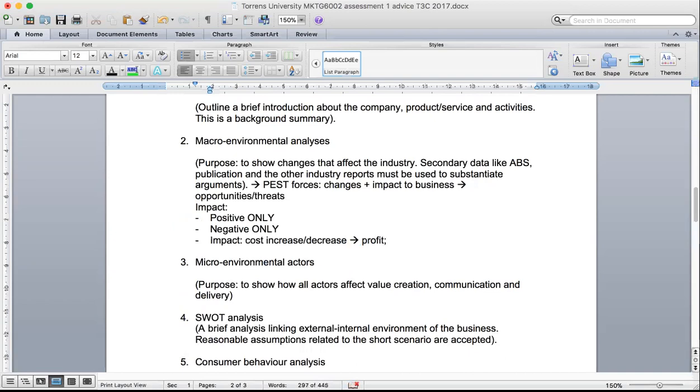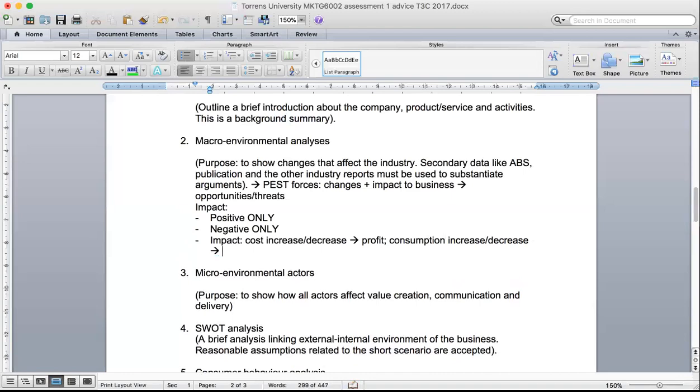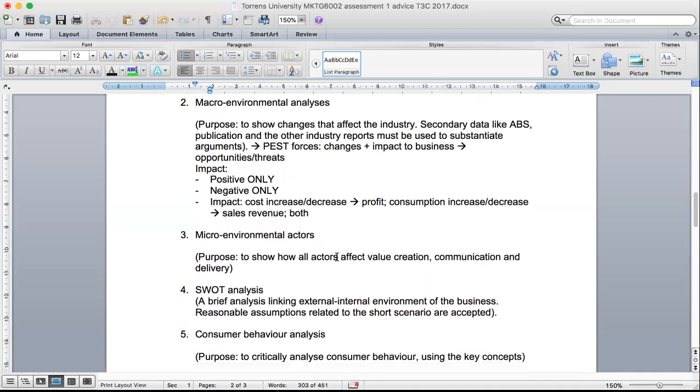Okay, the impact can also revolve around consumption. Consumption here refers to whether consumption is going to increase or decrease because consumers buy more because of certain conditions that macro environmental forces affect. Okay, and that will result in the sales revenue of the organization, whether it is going to increase or decrease, or both. Okay, or both of the costs and profit.